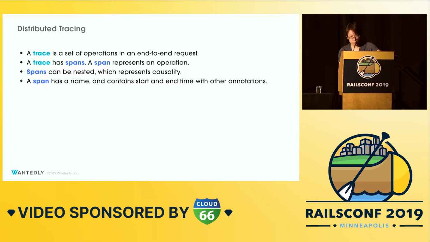And span can be nested to make a tree of spans, which represent a relationship of cause and result. So each span has a parent span, unless it's a root span. And span can be created by, for example, function call within a process or remote procedure call over HTTP request or gRPC, for example. And span contains information such as start time, end time, along with other contextual information called annotation.